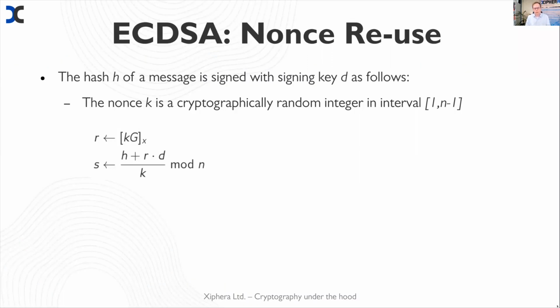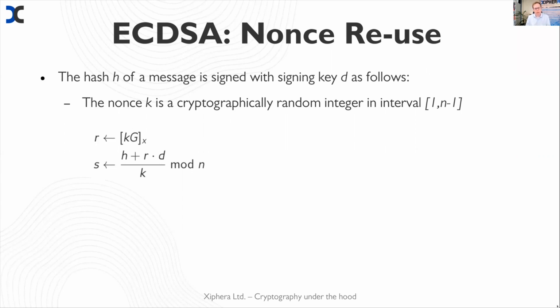So the first example highlights the importance of randomness. So elliptic curve digital signature algorithm, when you sign something with that, you use a so-called nonce value, and nonce means number used once, and the name already tells that it's a value that you should only use once, and next time when you use an algorithm you should choose a new fresh value.